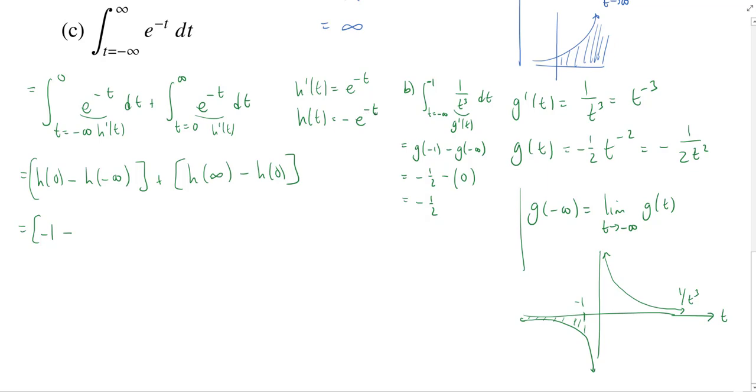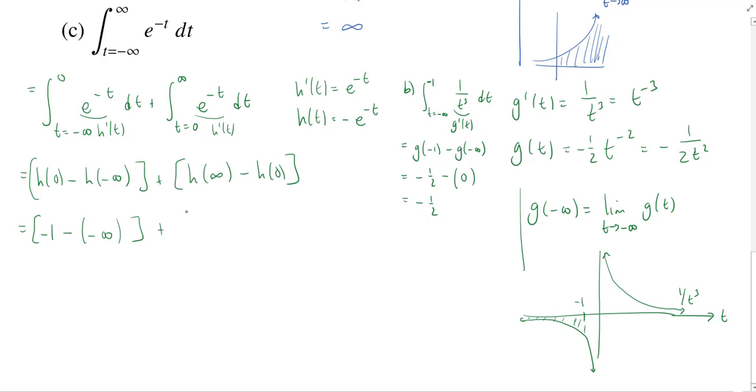It goes to +infinity, which means this thing is blowing up. Well, actually, with a negative, it's blowing down. So this actually ends up going to -infinity. Okay, and I'm going to finish this off, but it doesn't actually matter. This bit right here is going to infinity. When we integrate this exponential from negative infinity to 0, it's actually by itself diverging. So then the whole thing cannot converge.